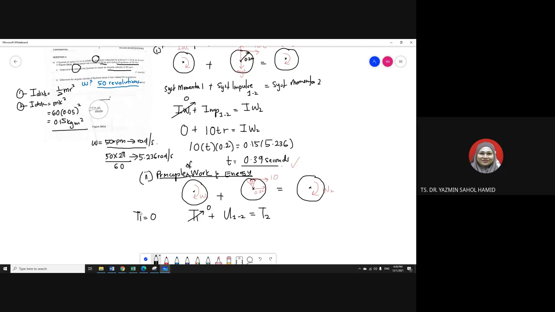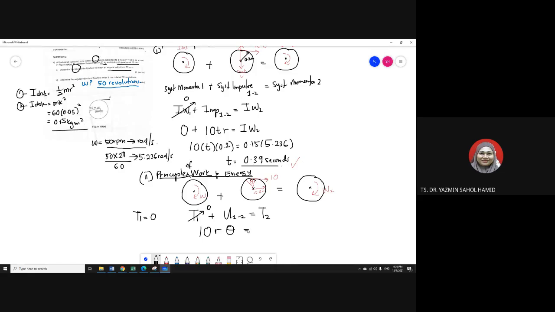Now, what is the work involved in this question? The work involved is again the same, which is 10 newtons multiplied by the radius r, but we need to multiply by theta, equals the kinetic energy.